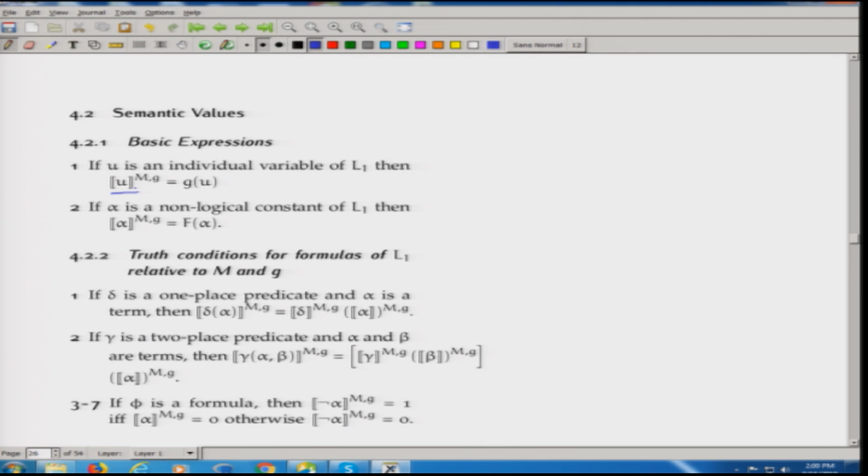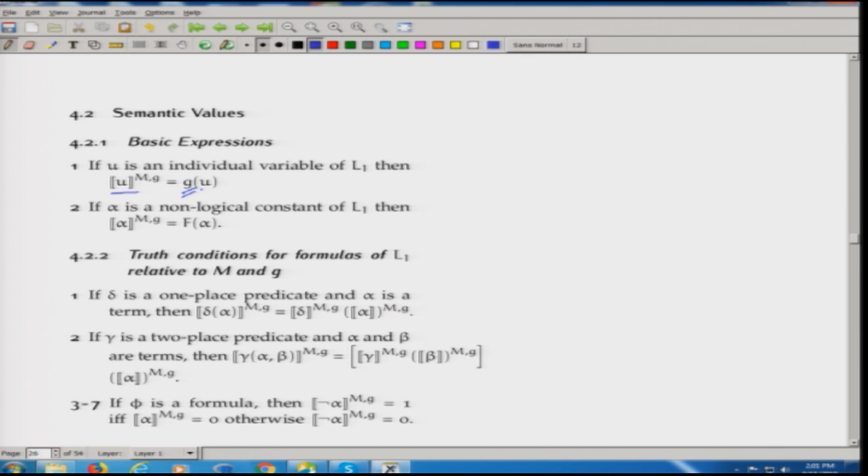So, for variables there is a function called g, a function that assigns meanings, denotations or values to variables, and there is another function, the known function f, for constants. We will see f very shortly.